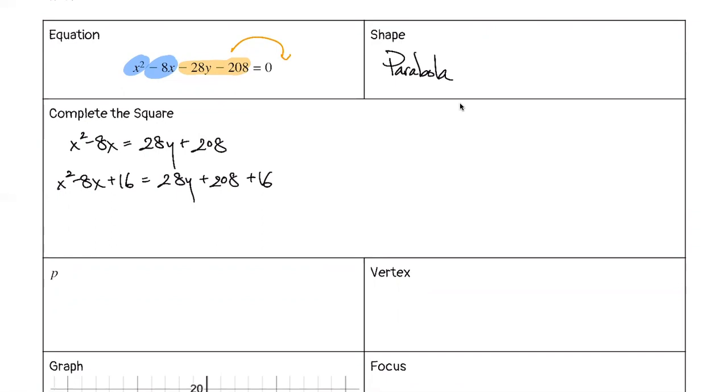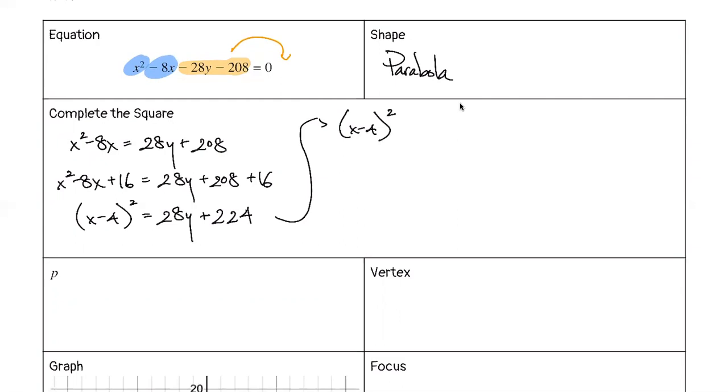Now we turn the left-hand side into x minus 4 squared. And we combine some like terms on the right-hand side to get 28y plus, what do we get here? 422. Okay. All right. Now we're almost done.